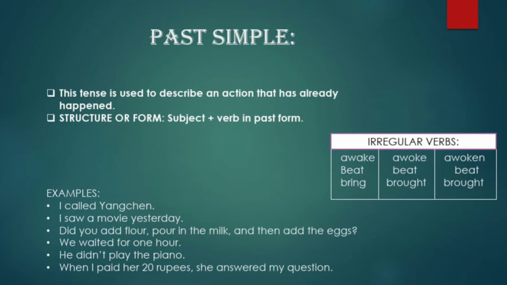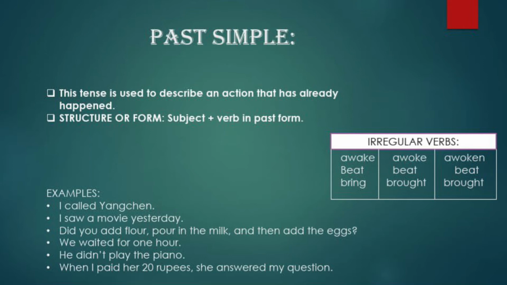Alright, for example, if we are to take the verb awake into consideration, we get to see that awake is what it is in the base form. It becomes awoke in the past form and awoken in the past participle form. Next is beat, which is in the base form, and it remains beat in the past form as well as the past participle form.